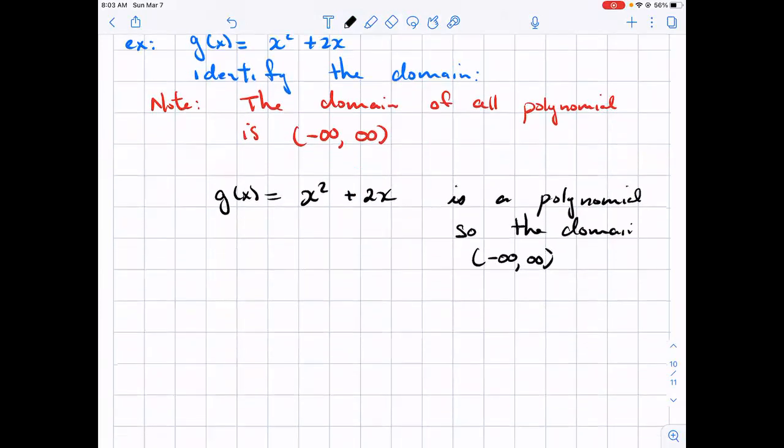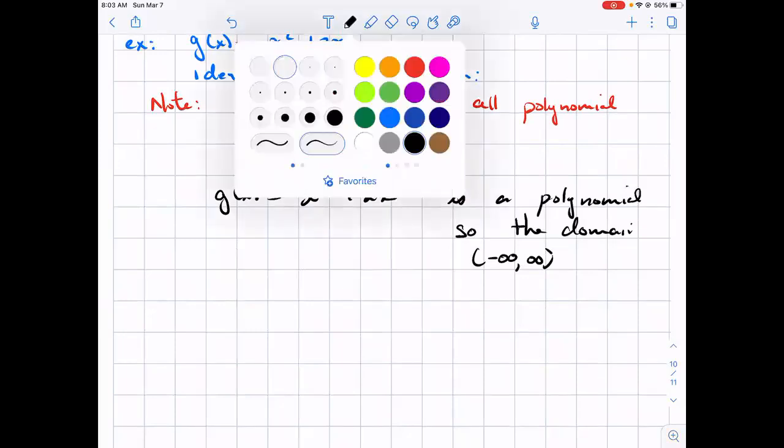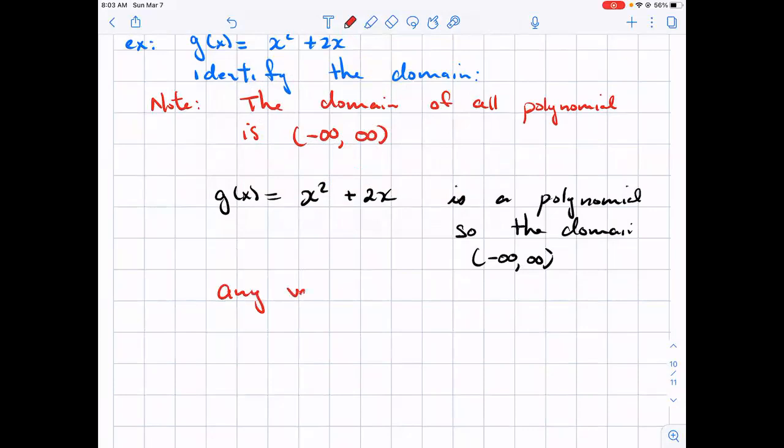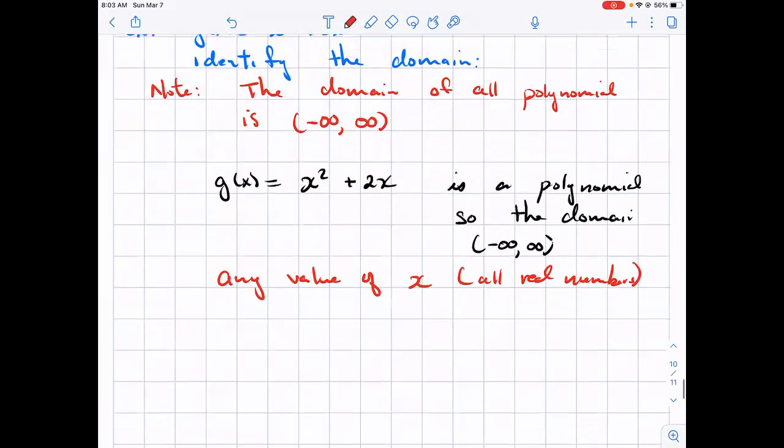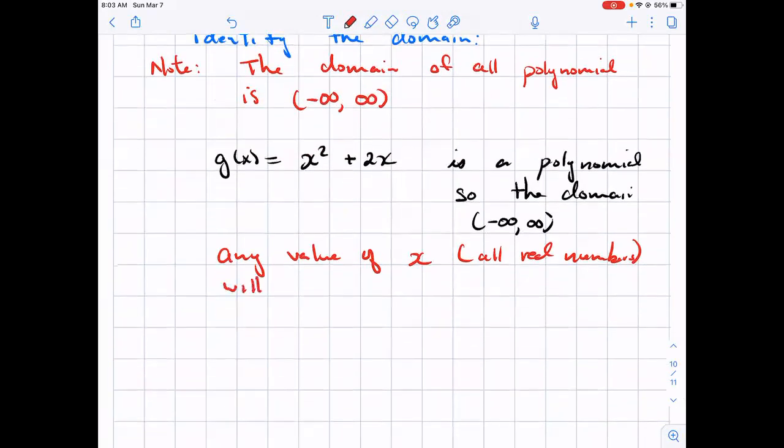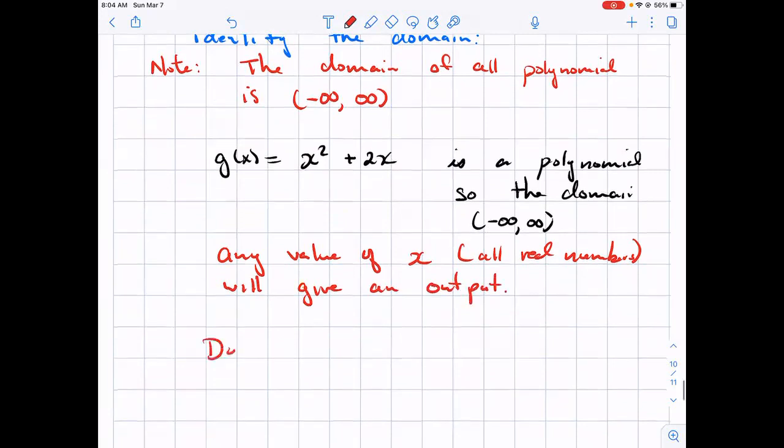And you can see this because any value of x, all real numbers, will produce or give an output. So that will be our domain.